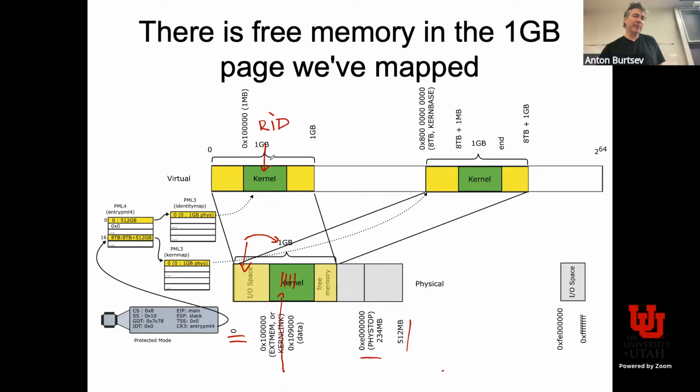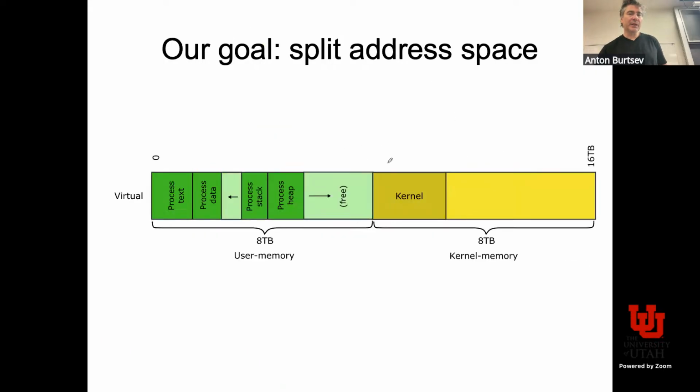It will be RIP, but it points in the low addresses, around 1 megabyte, right? And then we said, okay, but in the end, our end goal is to end up with the address space. I will show you this slide, in which the kernel is mapped at 8 terabytes, right?